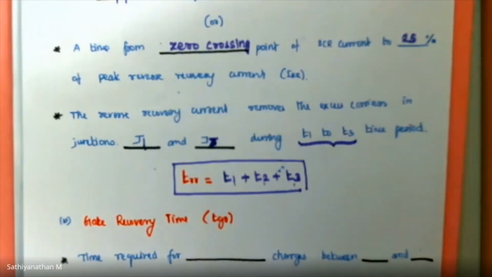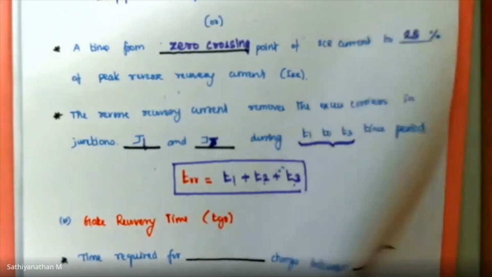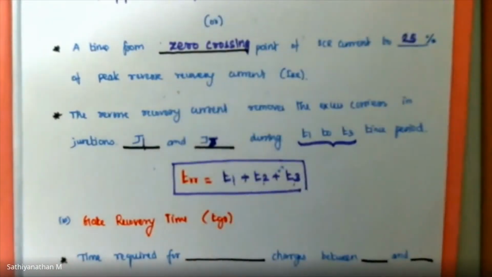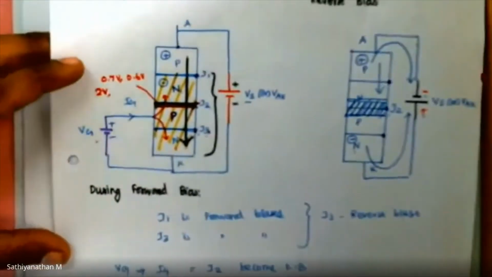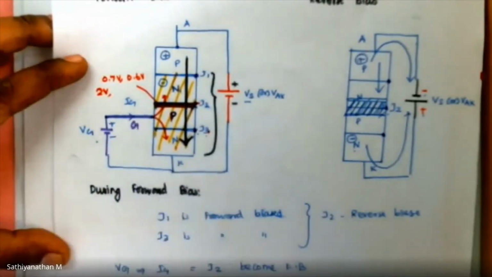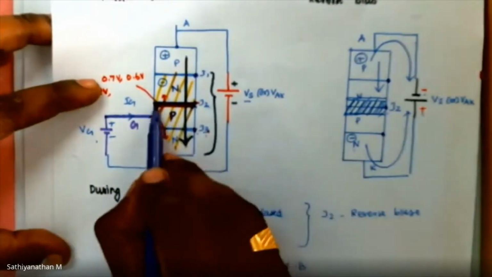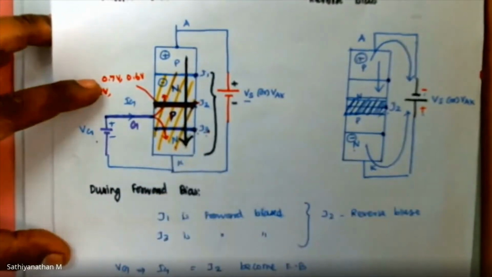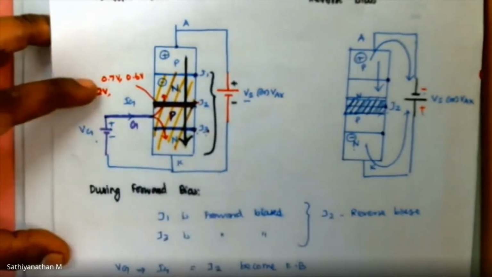The second one is gate recovery time. So we have an additional terminal called gate, right? This is your gate terminal G, and here you have a junction. The junctions J2 and J3 are associated with this gate.